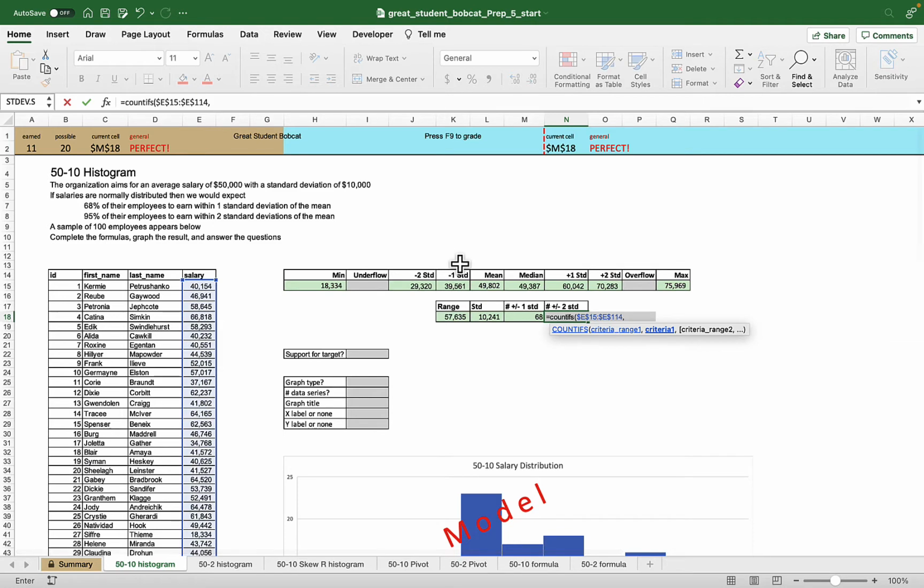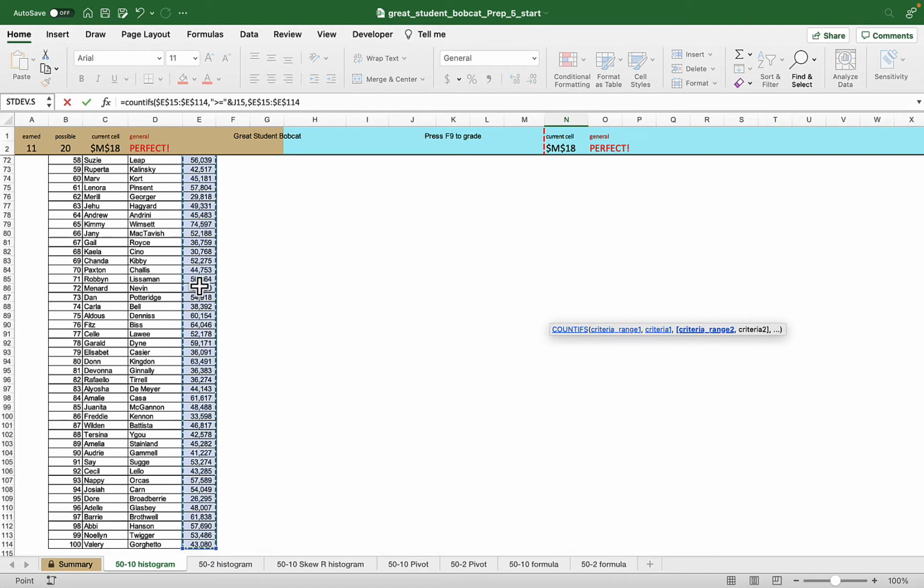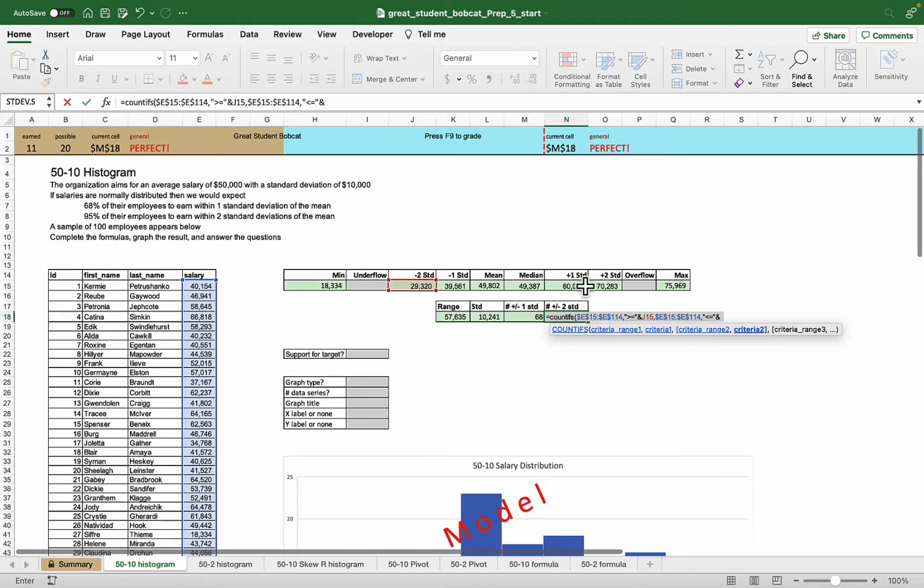And then we want to be bigger than that range, so funky quotes, greater than or equal to, and then the ampersand. There's the lower bound, and then same range again. Lock it. Funky quotes, less than or equal to, ampersand, and then the upper bound, the 2 standard deviation upper bound. There, so from 2 standard deviations under to 2 standard deviations over.